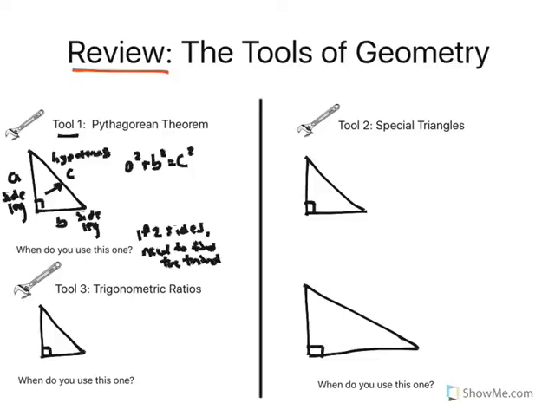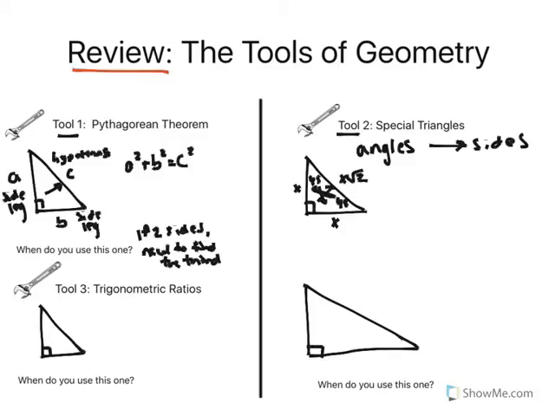Now the second tool we learned were special triangles. In certain special right triangles, there is a relationship between the angles and the sides. So if we're given angles 45, 45, and 90, we know that the sides are x, x, and x square root of 2.